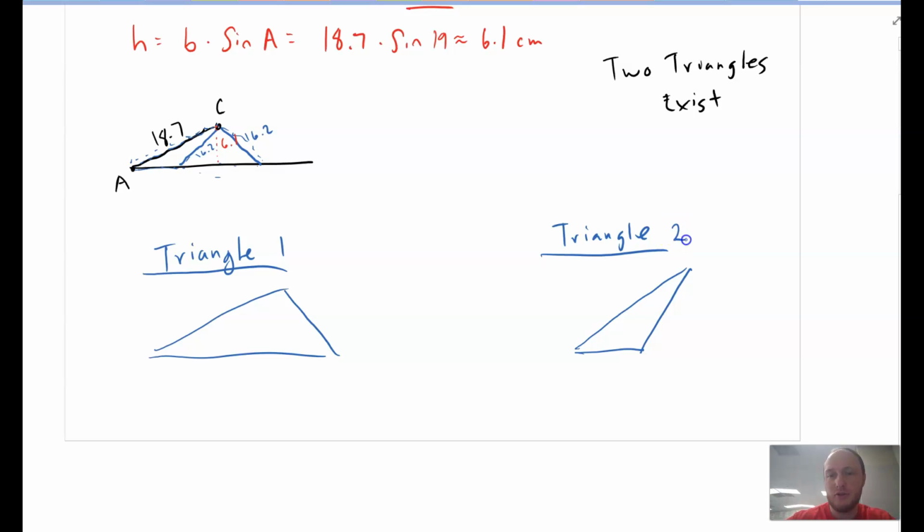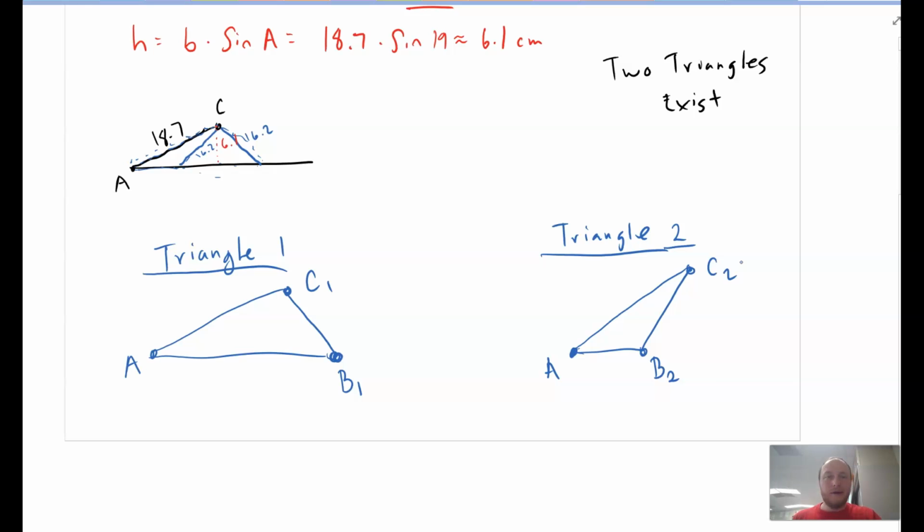I'll call this one triangle 2. This is A, this is what I will call B1, and this is C1. Over here, this is A, this is B2, and this is C2.